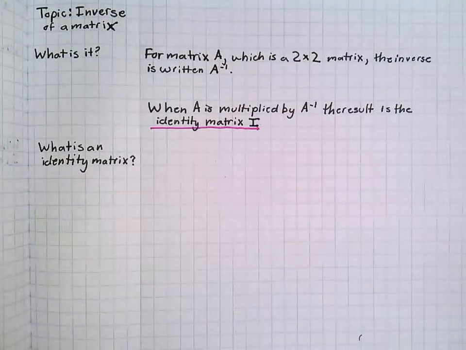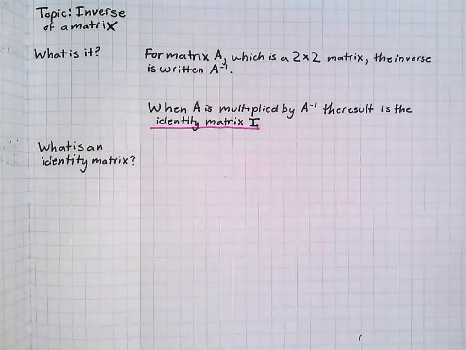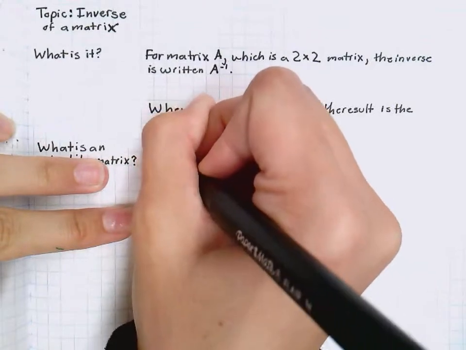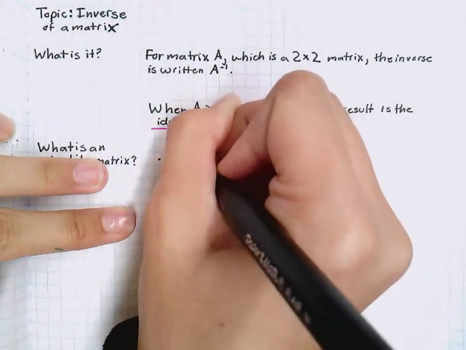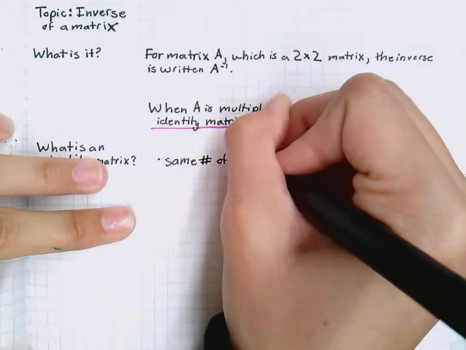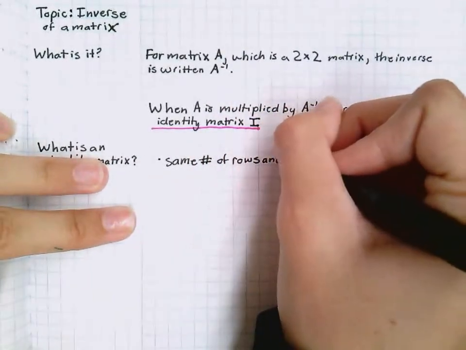What is an identity matrix? An identity matrix has the same number of rows and columns.